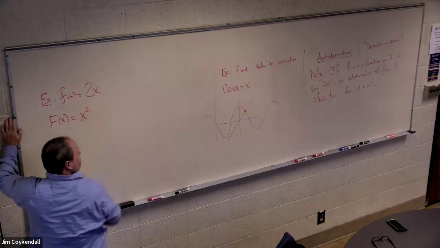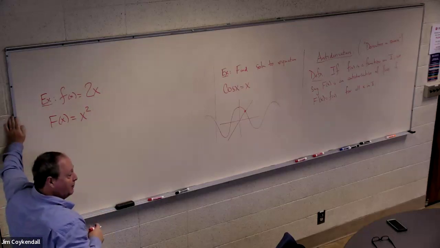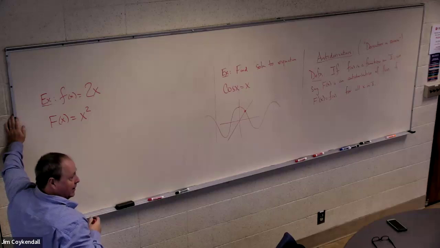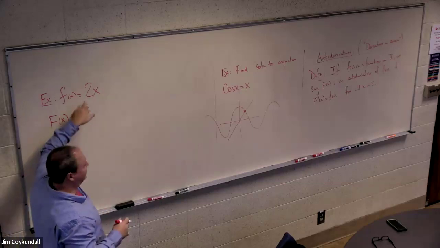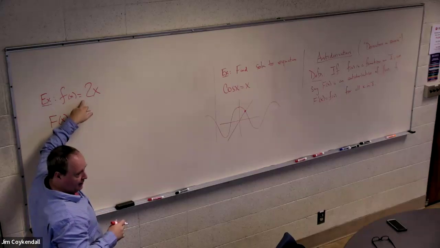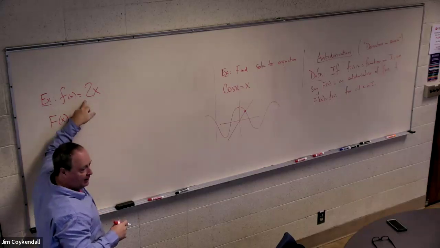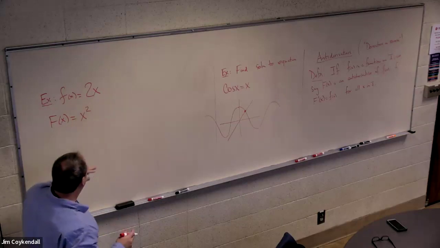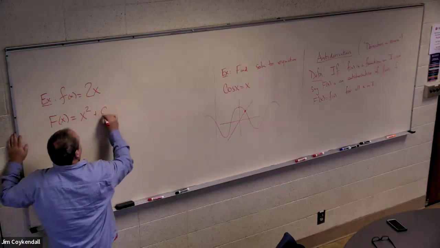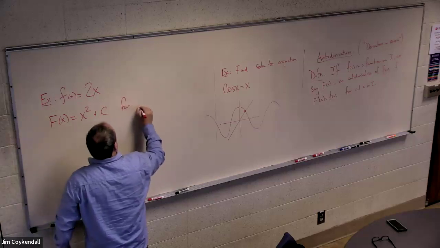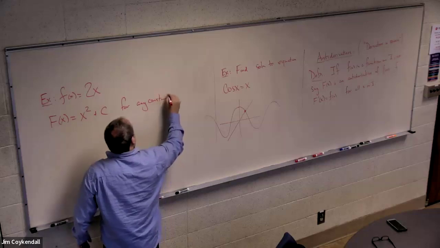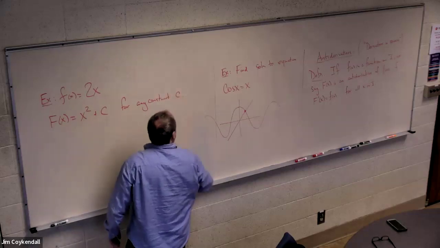The first thing out of his mouth was x squared. And if you stop there, that would be right. That is an antiderivative. But his observation is this. The derivative of this is 2x for sure. But the derivative of x squared plus 1 is 2x. The derivative of x squared plus 17 is also 2x. And in fact, the derivative of any constant plus this is 2x.